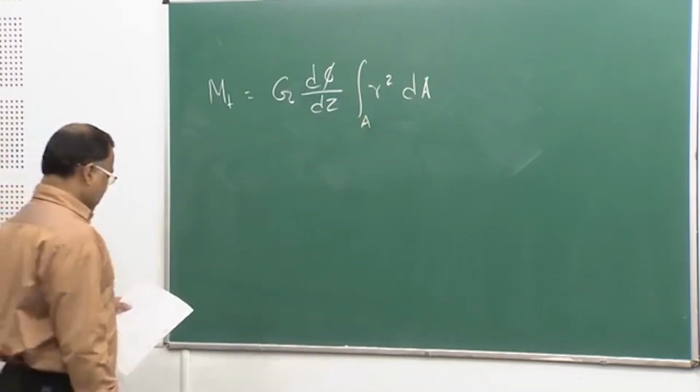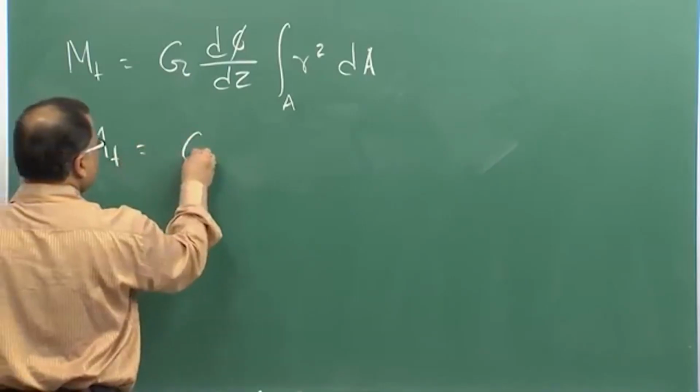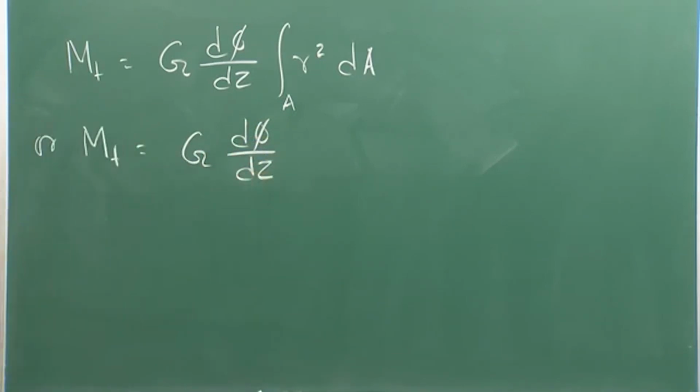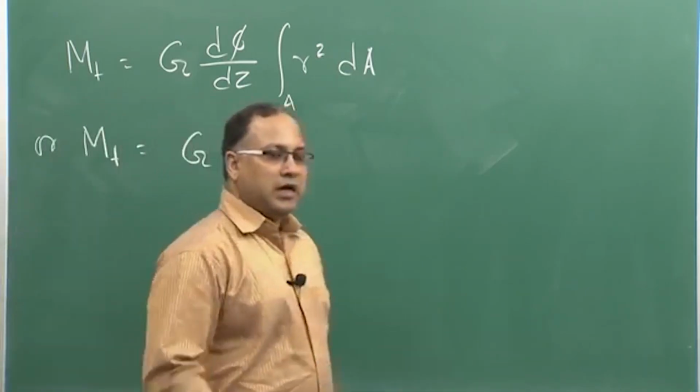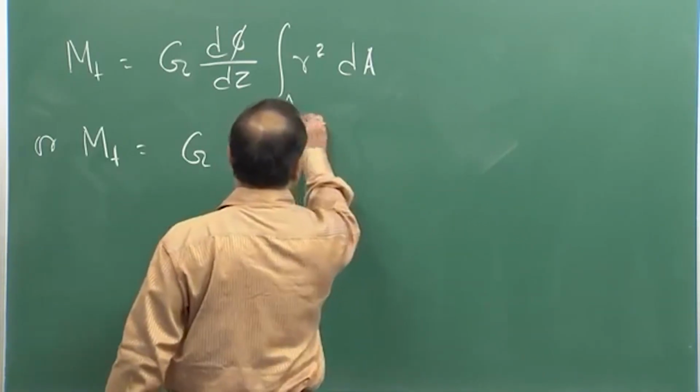Or we can write Mt equal to G into d phi dz. Now, please tell me, because this is from your earlier knowledge, what is this?